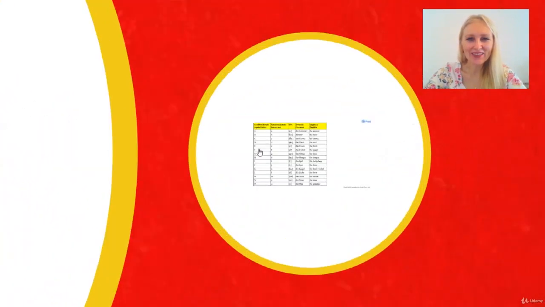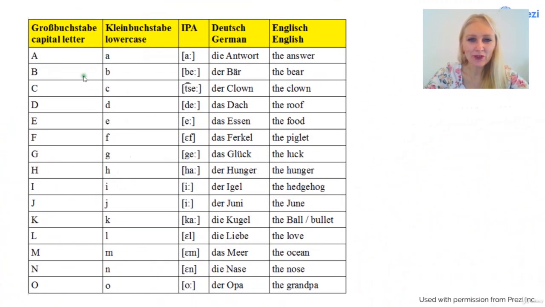So here on the first slide you see a few words. I will explain, or maybe even you can try to repeat the words that I will read right now. That would be a great exercise for you to practice the pronunciation. Okay, so Großbuchstabe, as you see, is a capital letter. Kleinbuchstabe, lowercase.